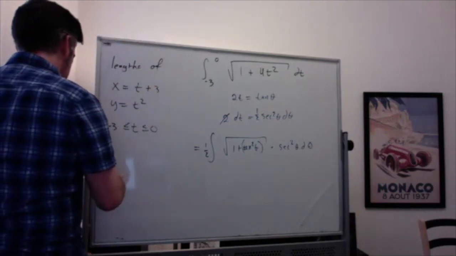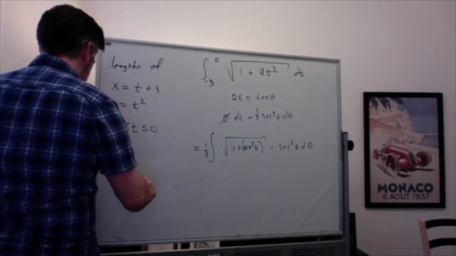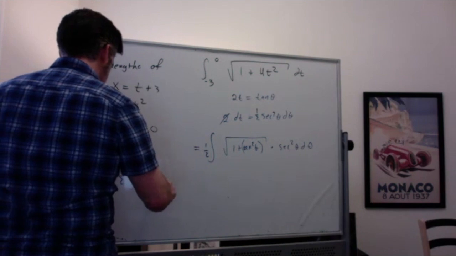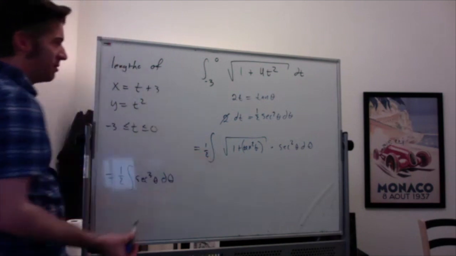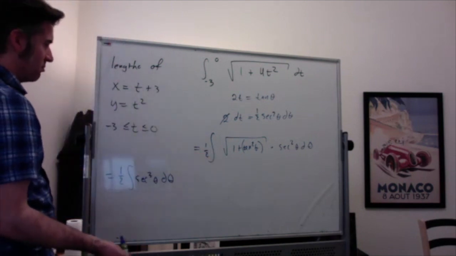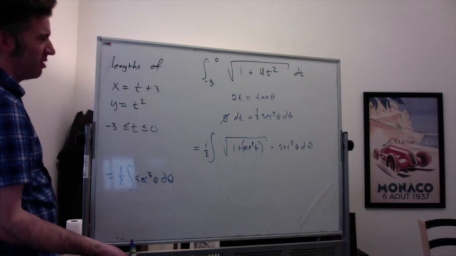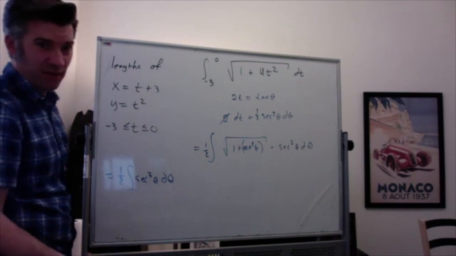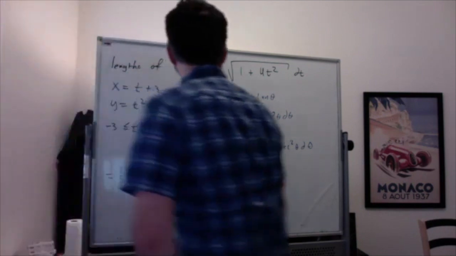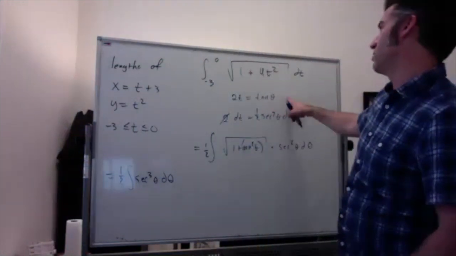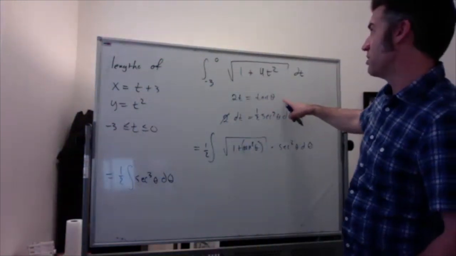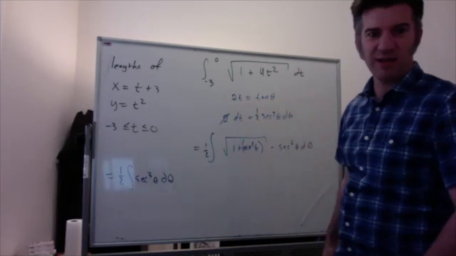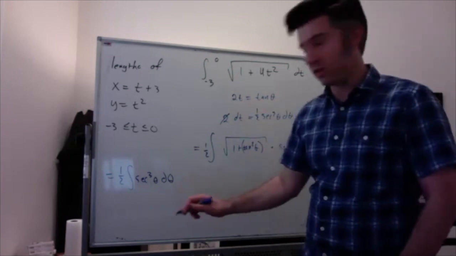This is going to be 1/2 the integral of secant cubed theta d theta from, oh, I didn't change the limits of integration. Do I want to change them? Not really. I'm just going to leave them alone. If I picked nicer numbers, I might want to change them. But t is 0, yeah, it's kind of terrible. So let's just finish it this way.